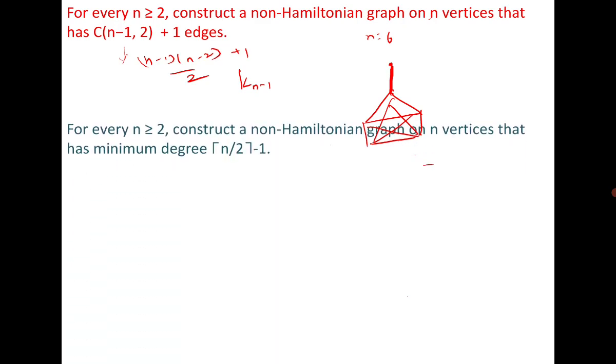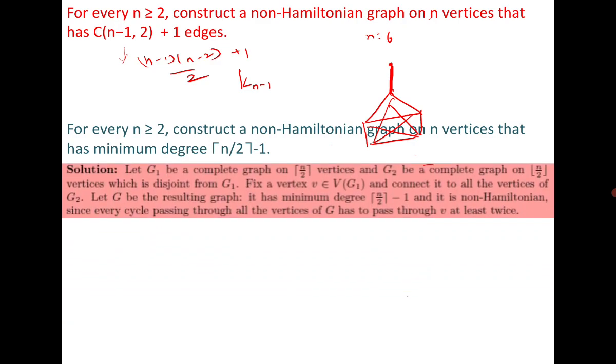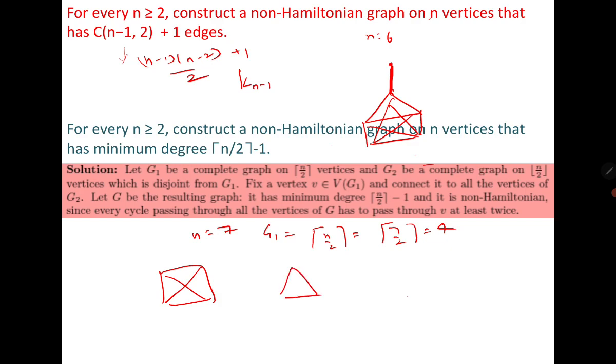The next one is construct a non-Hamiltonian graph on n vertices that has minimum degree n/2 minus 1. Now to construct this one, there could be multiple answers. I am showing you one of them. So the idea here is, for example, let's say that n is equal to 7. So you consider the complete graph G1 of order 7/2, which is 4, which means K4, and G2 of order, in this case, 3.